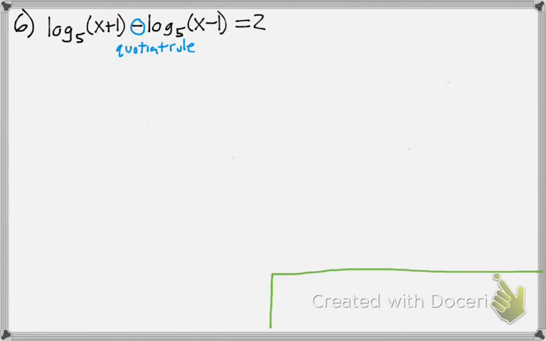So the quotient rule means that I want to combine these to be log base 5 of x plus 1 over x minus 1 is equal to 2. My next step is going to be to transform this.